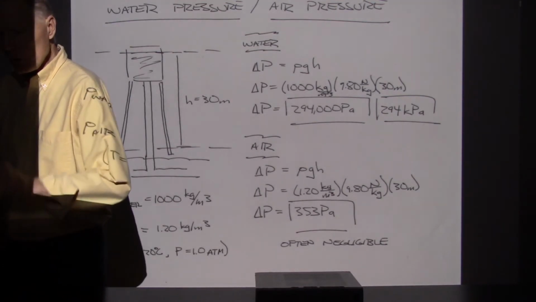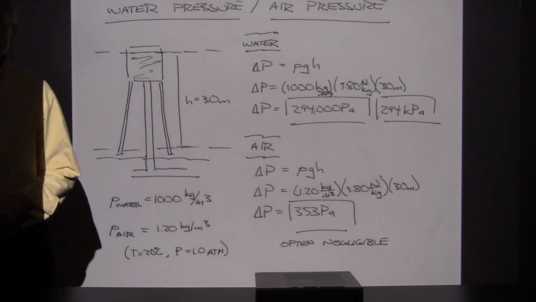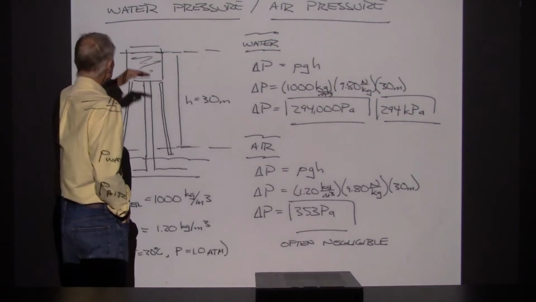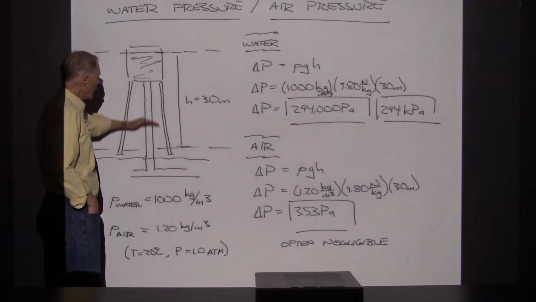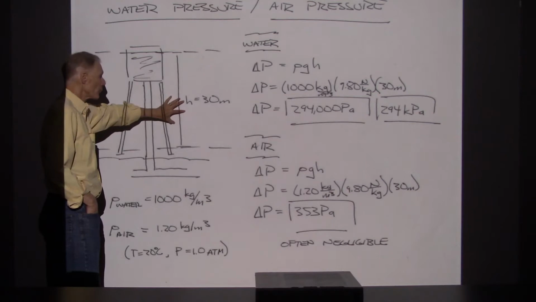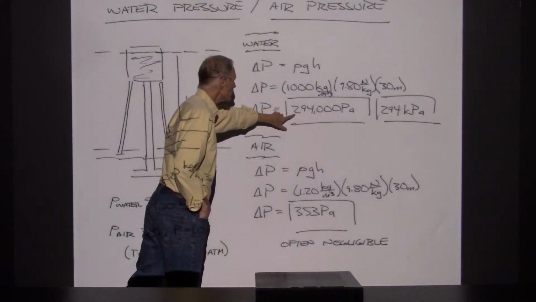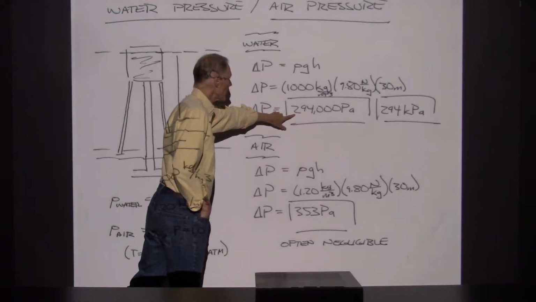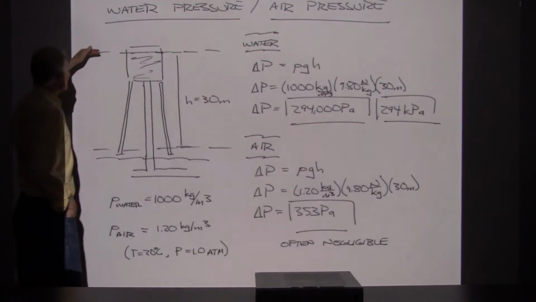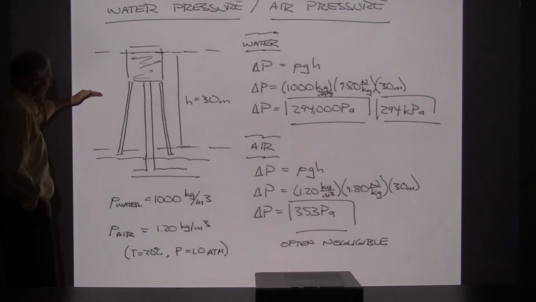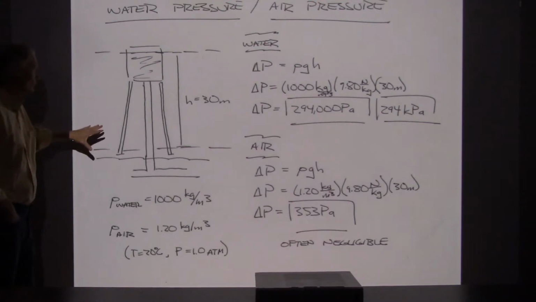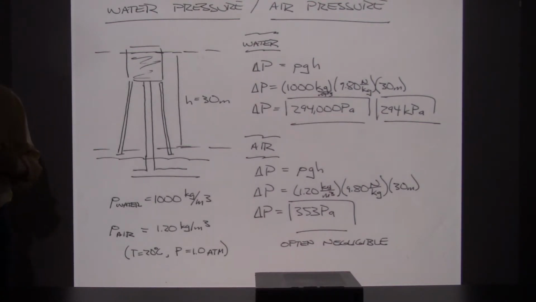Now, what you might be wondering is, wait a minute, sure, coming down through water for 30 meters builds up an additional 294,000 pascals, but what about air pressure? Doesn't air pressure continue to increase as we come closer to the ground, to lower elevations? And absolutely, the air pressure also goes up. Let's go ahead and calculate that.